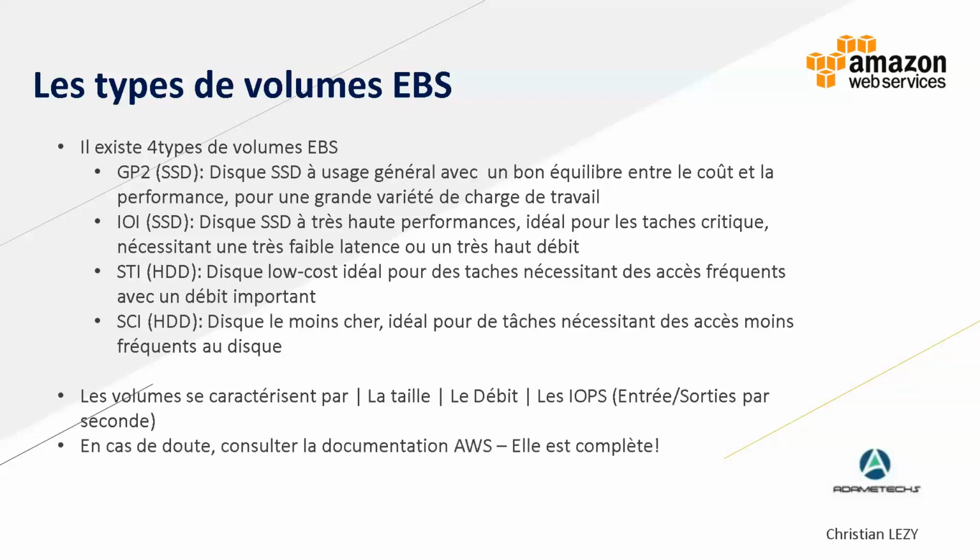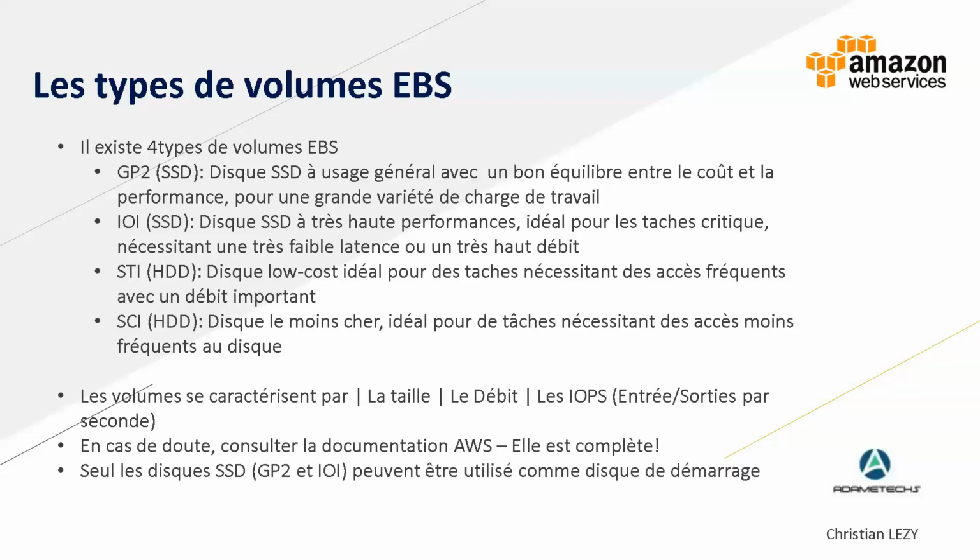If you are in doubt, I invite you to consult the AWS documentation, which is very complete on the subject, to know if you choose the right type of volume for your instances. And finally, you should know that only the SSDs, GP2 and IO1, can be used as boot drives. You can only install a bootable operating system on these two types of EBS volume.